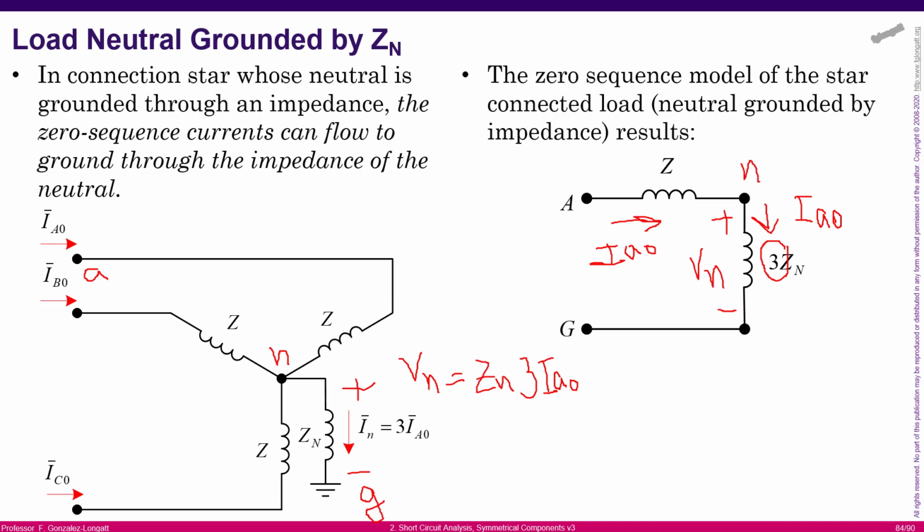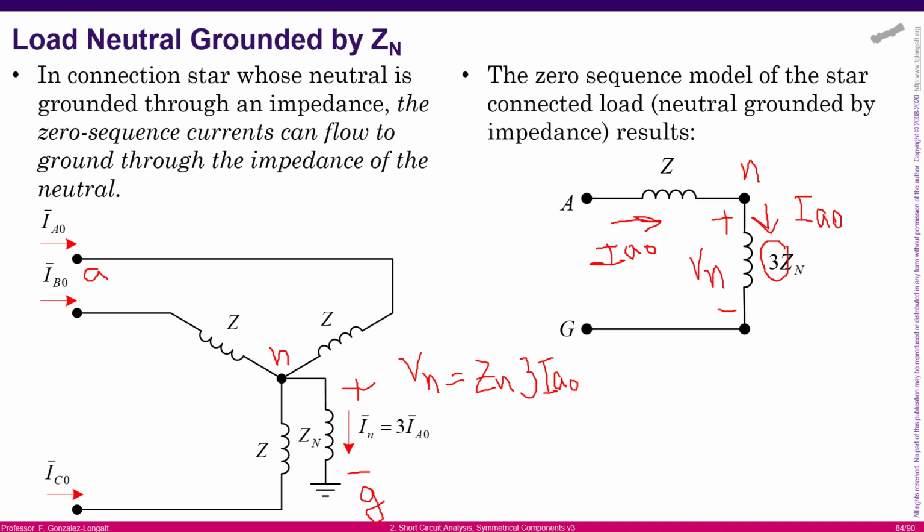To be honest, in the zero sequence model it will be 3 times the impedance, in the line to ground model. But the important thing is that because you are adding that impedance, there is a voltage drop and you will have a voltage difference between the neutral and the ground, okay?